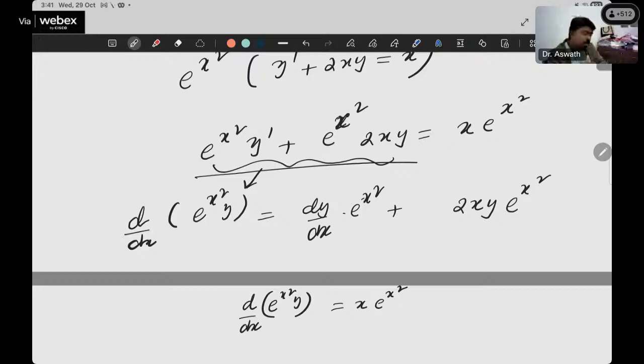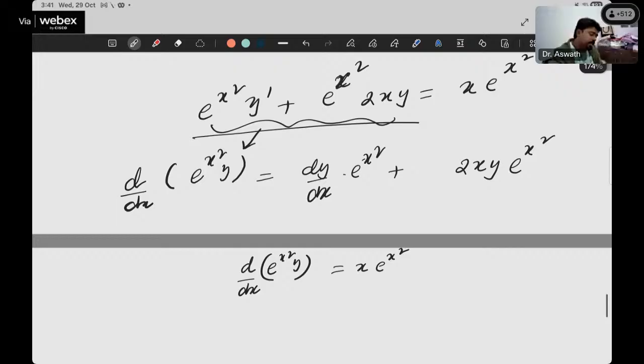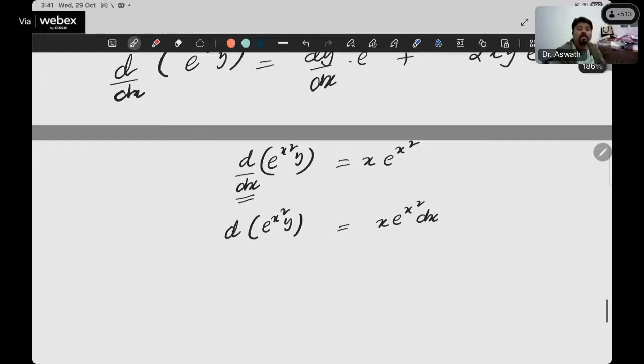Now on the left hand side I have exponential x square, and on the right hand side also exponential x square, but I will send the dx to the other side. The derivative of exponential x square into y is equal to x into exponential x square into dx. Now on the right side at least I have only x terms, and on the left side I have a derivative of some function of x and y.